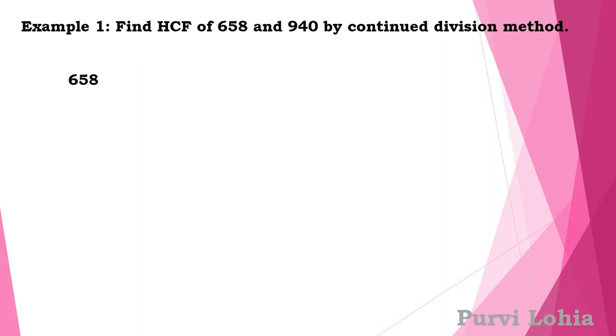In this, we'll take 658. Now, what we do, we make the smallest number the divisor and the larger number the dividend. So we will divide 940 by 658. So how many times will it go?